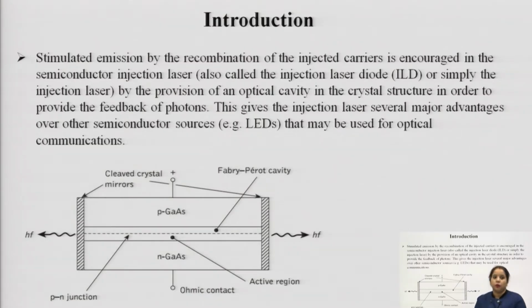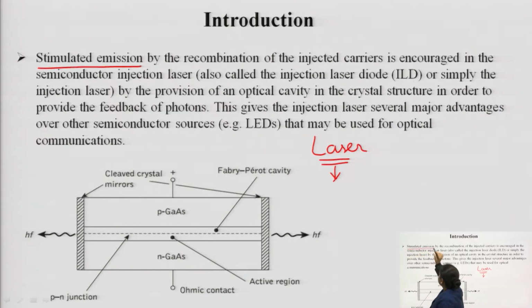As we already know, stimulated emission is the main reason behind the operation of a laser. So, in this case also, the main principle behind the amplification of light and the generation of the signal in a semiconductor injection laser is stimulated emission.